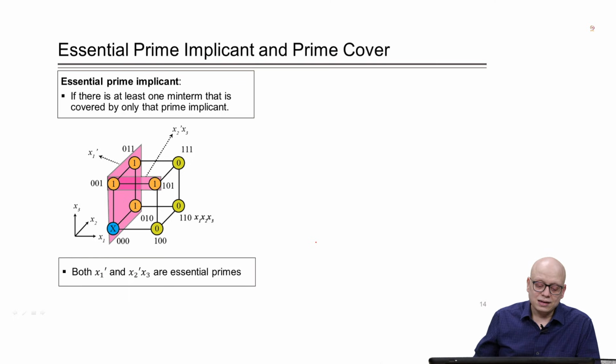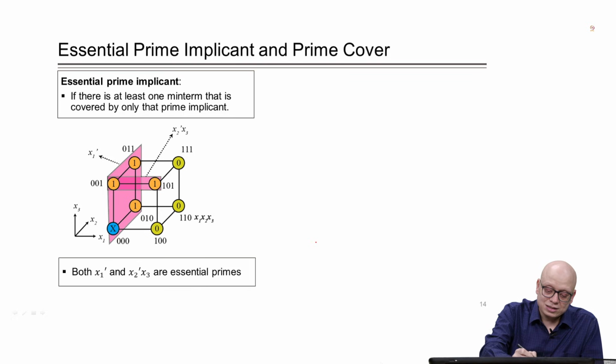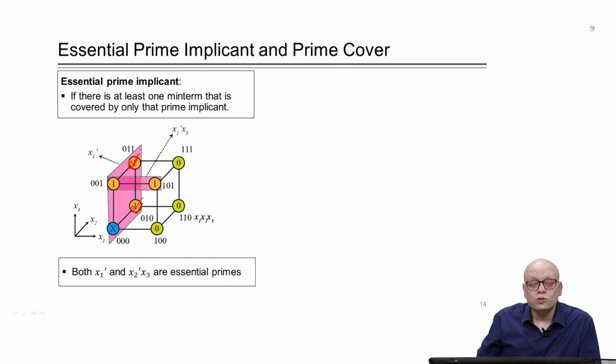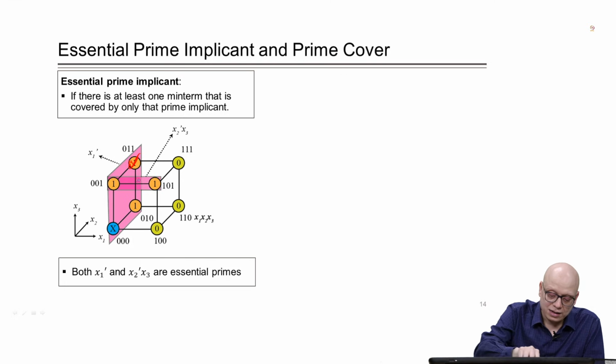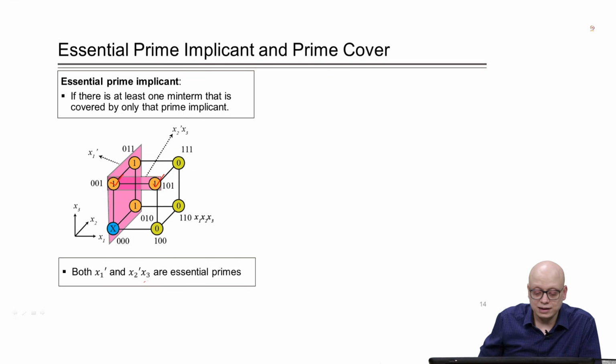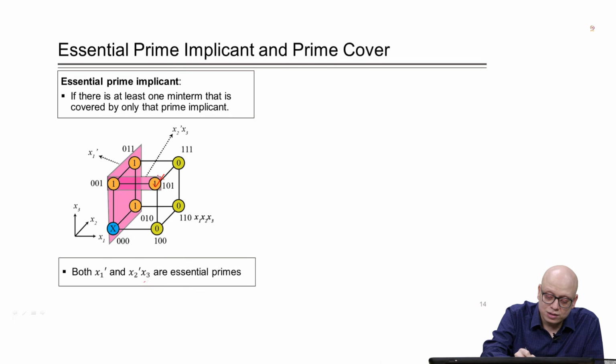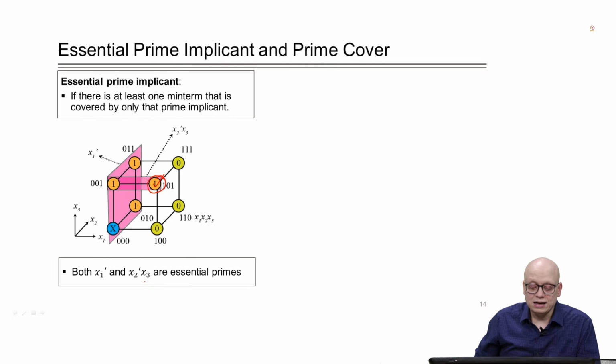If we consider x1 dash, these two corners are covered only by x1 dash, and therefore it is an essential prime implicant. And x2 dash x3 covers these two corners, and out of these two corners, this corner is covered only by x2 dash x3, and therefore x2 dash x3 is also an essential prime.